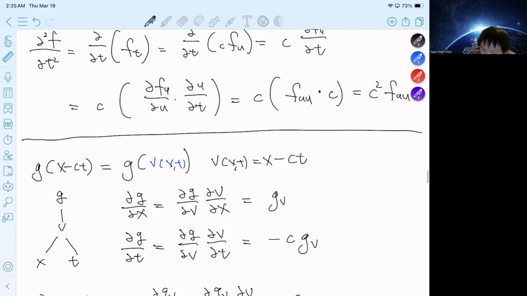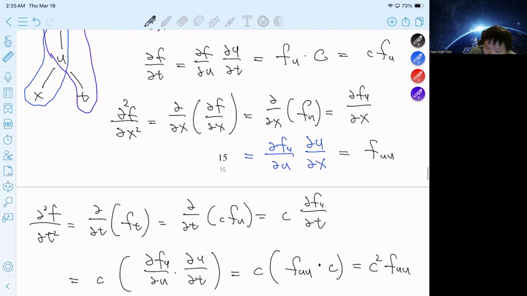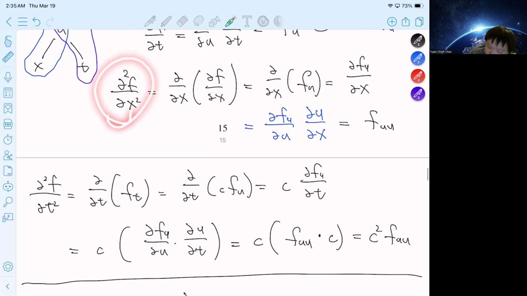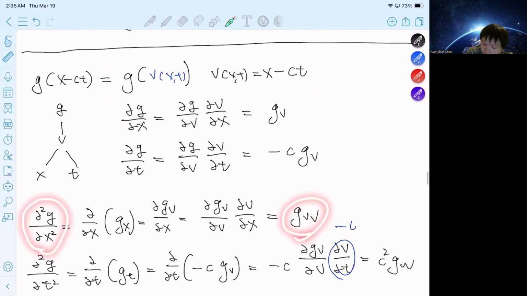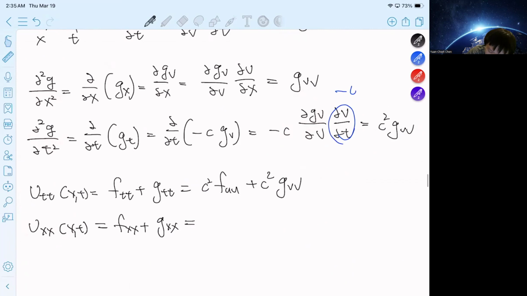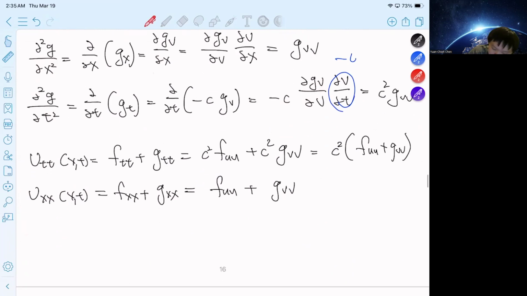So fxx, we see that above, is fuu, and gxx is gvv. So this is fuu plus gvv. So this guy is c squared times fuu plus gvv. So we can happily have it.